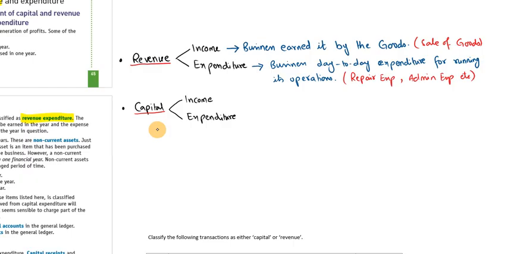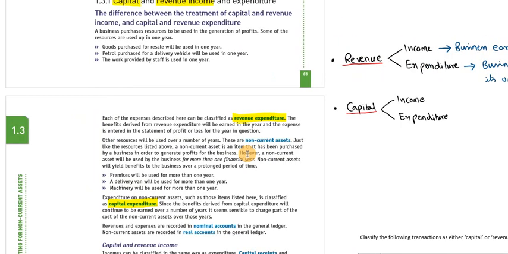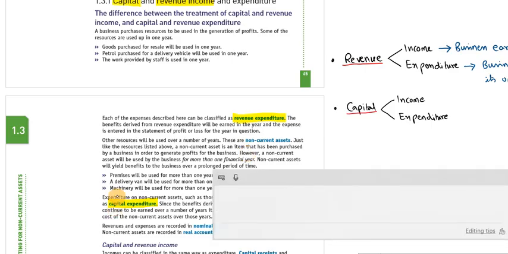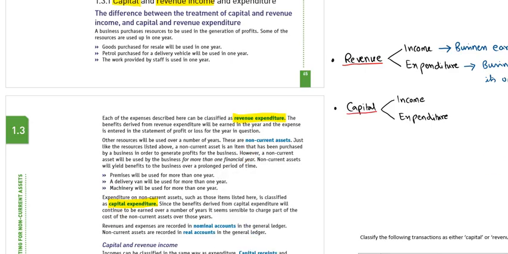So what are capital income and capital expenditure? Capital expenditure is the expenditure which we normally incur on the purchase of non-current assets. Here is a little discussion of capital expenditure. Goods purchased for resale will be used in 1 year.